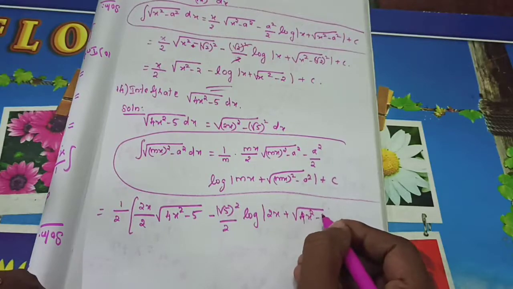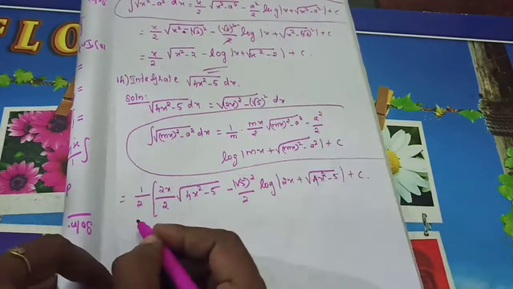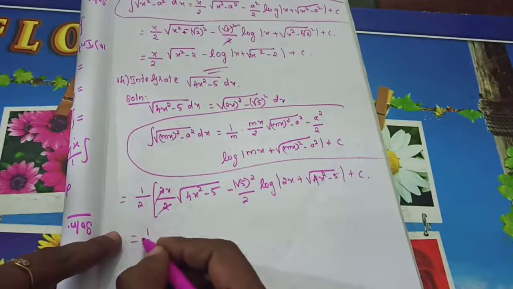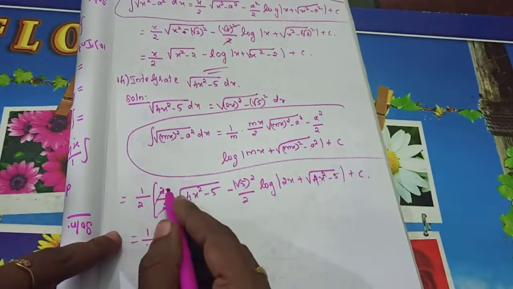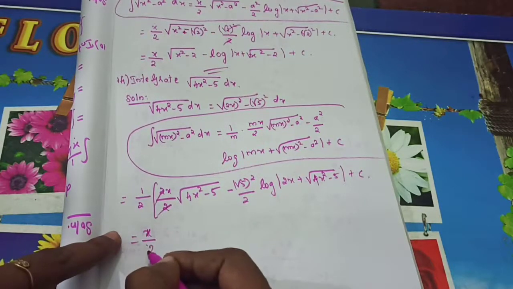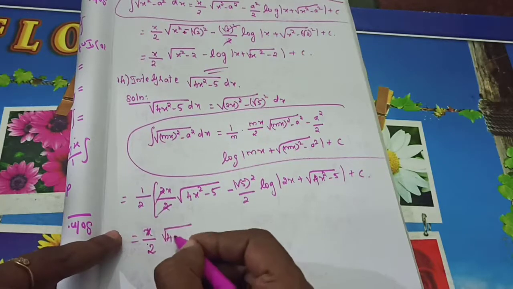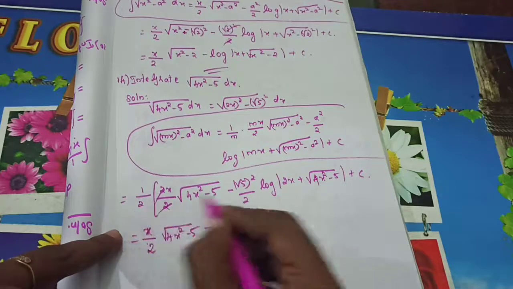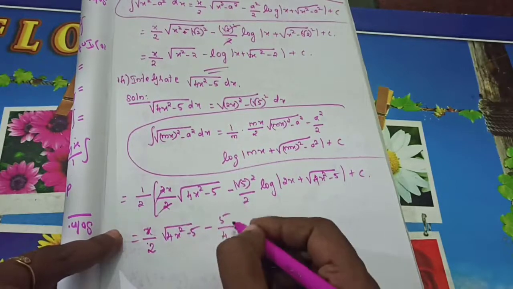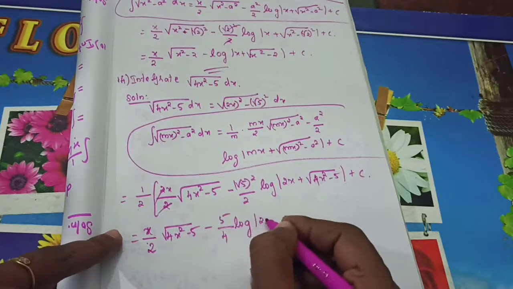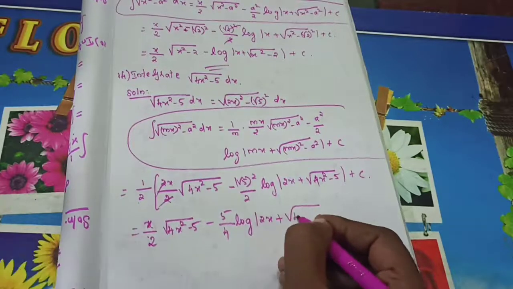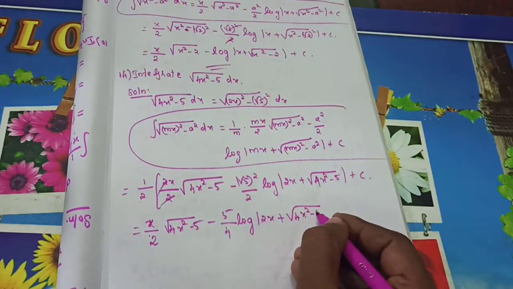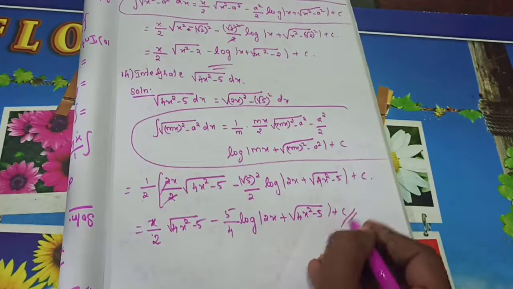The 2 and 2 get cancelled, so it is 1 by 2. Multiply inside: x by 2 into square root of 4x² minus 5, minus 5 by 4 log of modulus of 2x plus square root of 4x² minus 5, plus c.